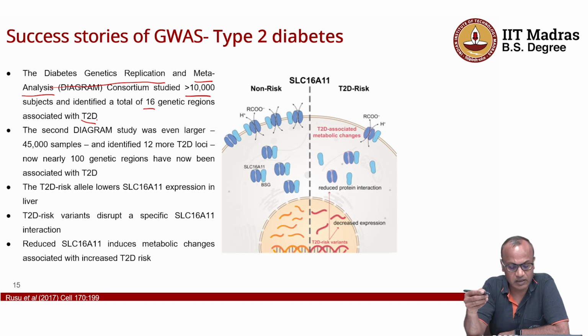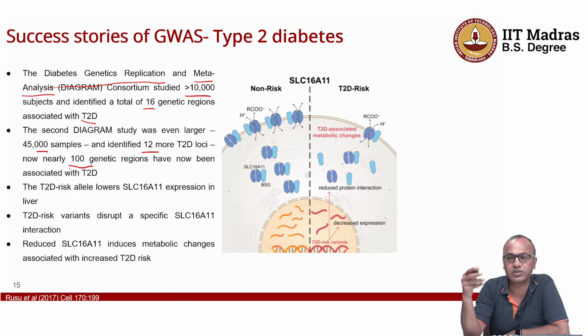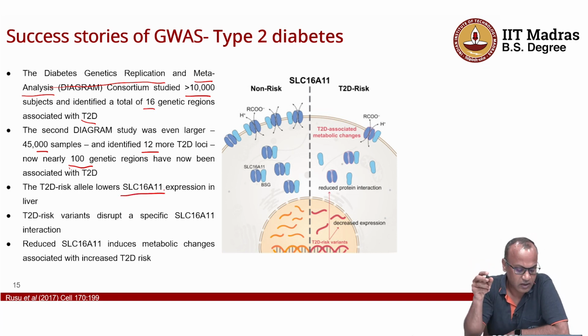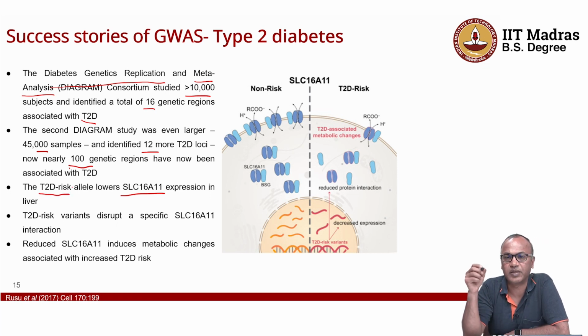There was another study, a second iteration of that study, where more than 45,000 samples were then taken and 12 more regions were identified. So now we have nearly about 100 genetic loci associated with type 2 diabetes. Now, one of the genes that was identified was SLC16A11, and its expression was lower in liver when the type 2 diabetes risk allele was present in a patient.